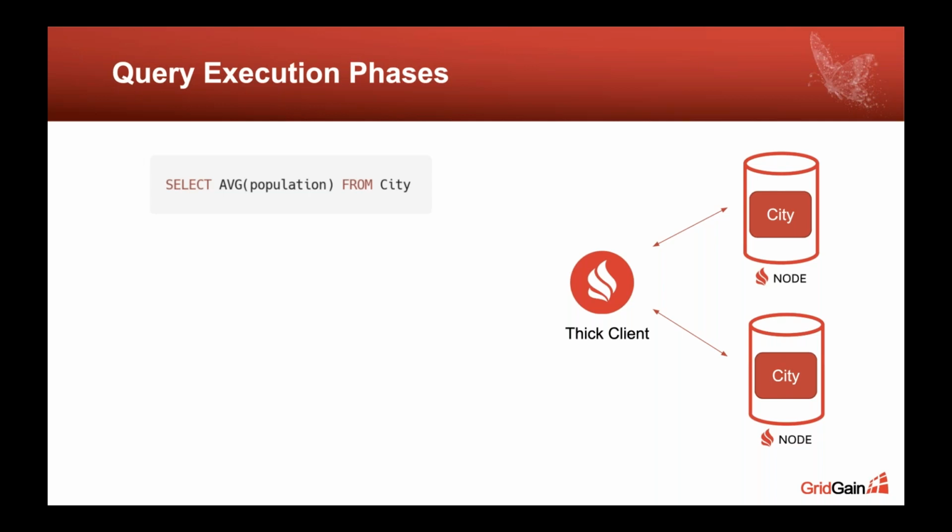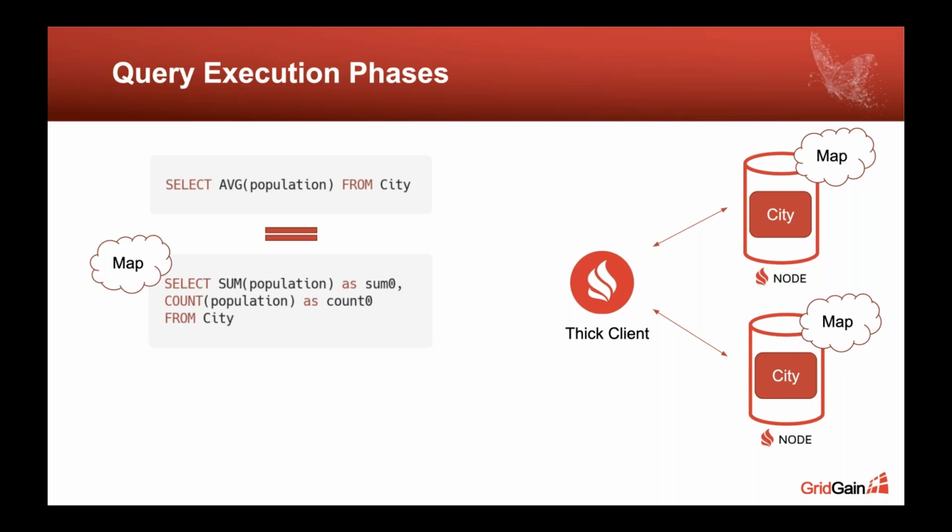Let's imagine that our application, named here thick client, probably not the best name, but okay, that's your Java application or .NET application that wants to run this query that returns the average populations of all the cities of all the countries. So generally what happens next, your client application will just send this query through Ignite SQL APIs, and then internally Ignite SQL engine will execute the map phase.